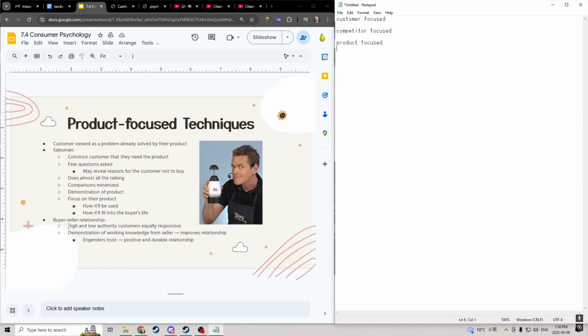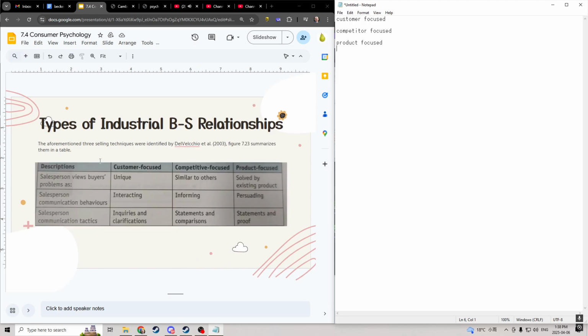The buyer-seller relationship has high and low authority customers equally responsive, and this demonstration of working knowledge from the seller will improve the relationship. It engenders trust and makes the relationship more positive and durable.